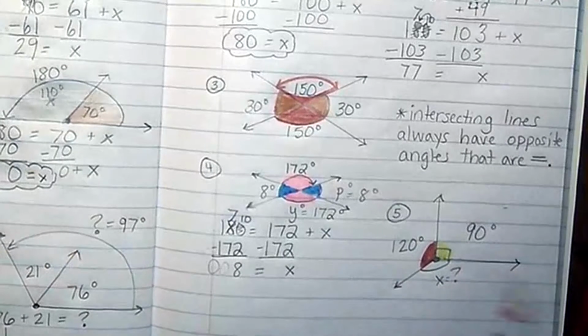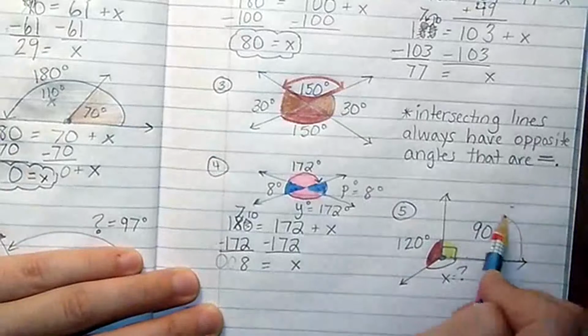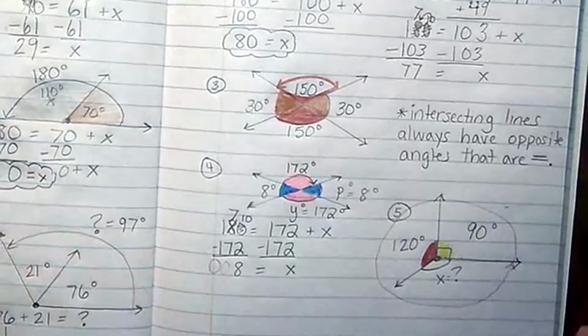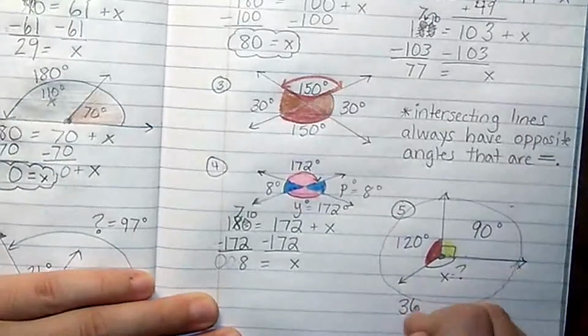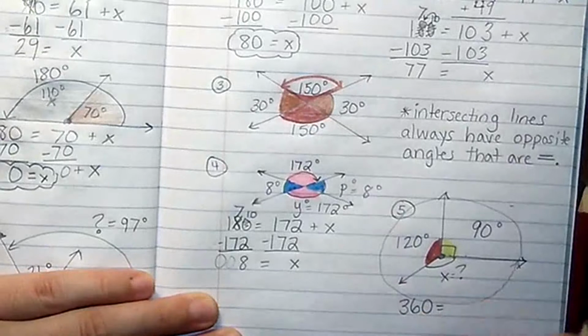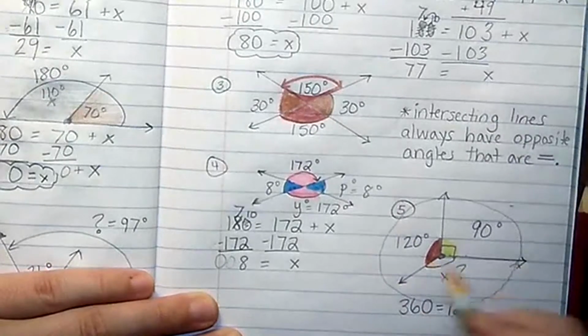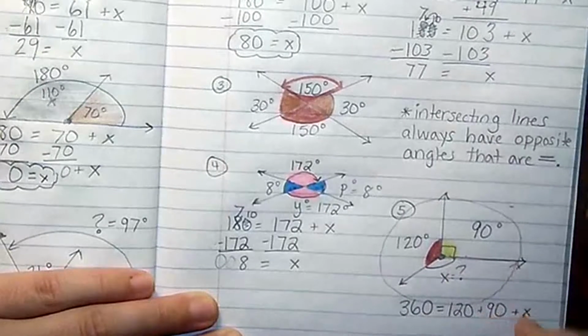Now I see 90 and I see 120, but what is my total? Well, my total is going to have to be a circle. How much is a full circle? It's 360. So 360 equals 120, because that's my first piece, plus 90 plus x.